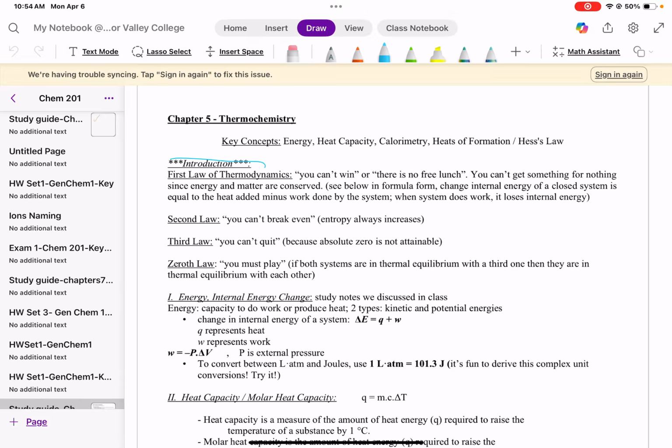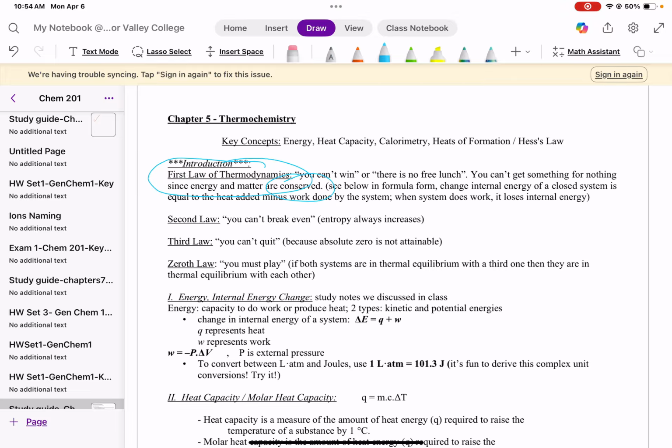Now, the first law of thermodynamics said we can't win, meaning whatever we do, the total energy is going to be the same, because energy and matter are conserved.